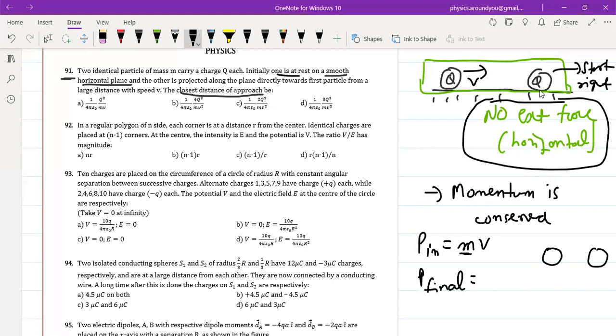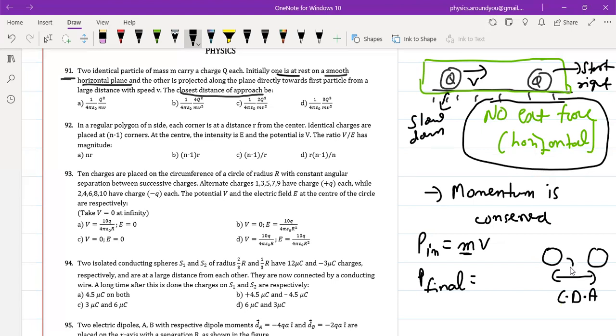And this charge on the right is going to repel this charge on the left. So this is going to eventually slow down, whereas this is going to eventually speed up. There will come a time where the distance between them goes to a minimum. That is the closest distance of approach, CDA for short.